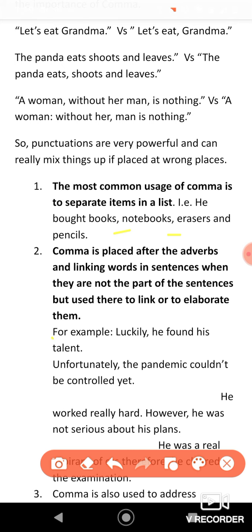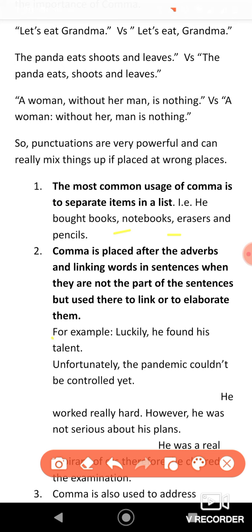If we have the adverb of a sentence or linking words, basically they are not the integral part of the sentence. They are used to elaborate or to link something. So if we have such adverbs or linking words, a comma is placed just after them.